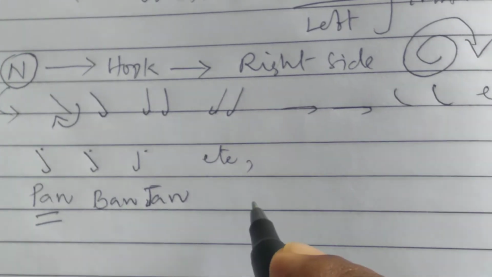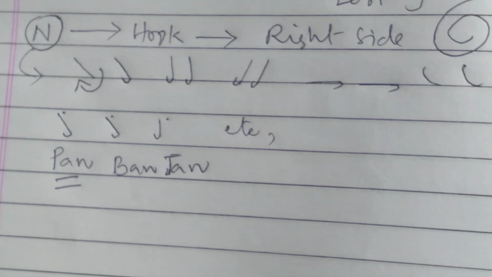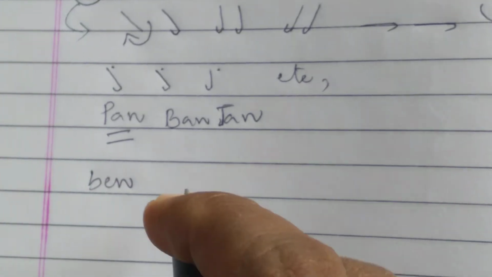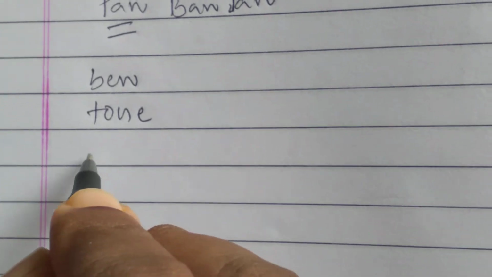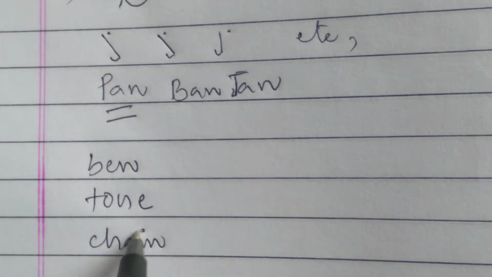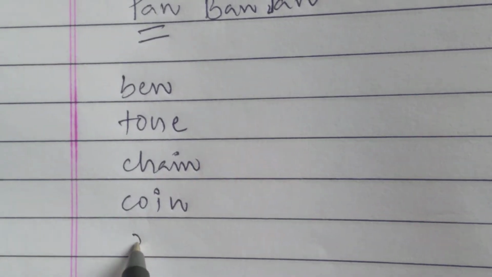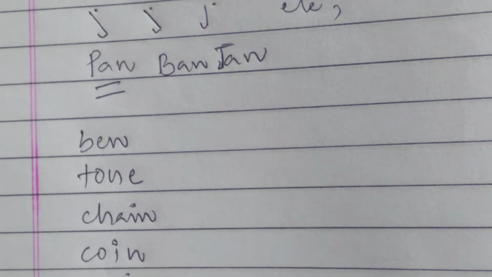Okay, we have to follow right motion. A few examples I am going to give for this: ben, tone, chain, coin, rain, like this. What sound is coming here?